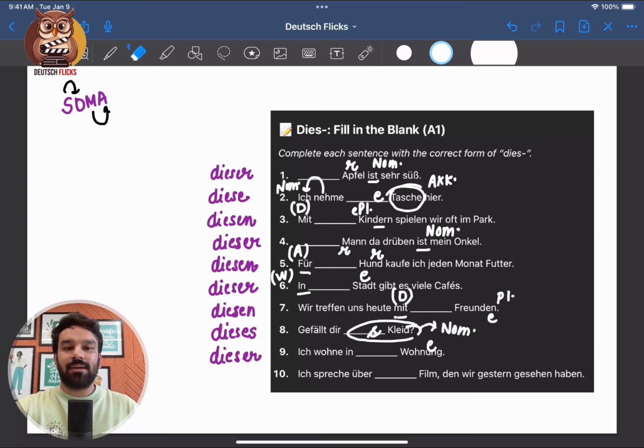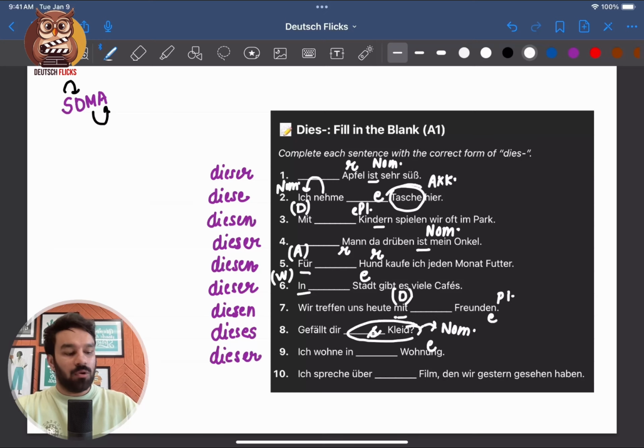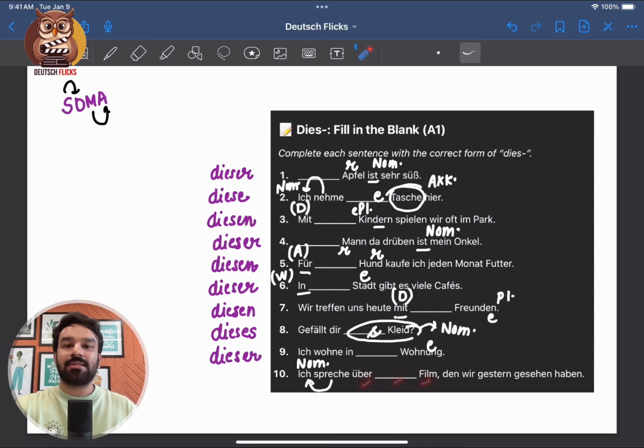Okay, Nummer 10. Ich spreche über Lücke Film, den wir gestern gesehen haben. So this sentence structure is something that we learn at A2 level. Now, I know sprechen is being conjugated according to ich. That means ich is in nominative case. Now, über Lücke Film, that is the prepositional object. Though über is a Wechsel preposition and there's no motion, we cannot go with dative case.